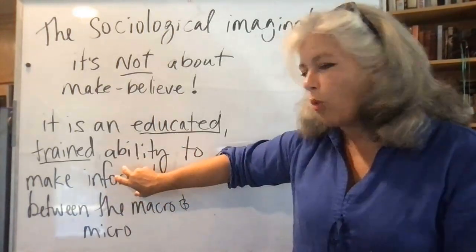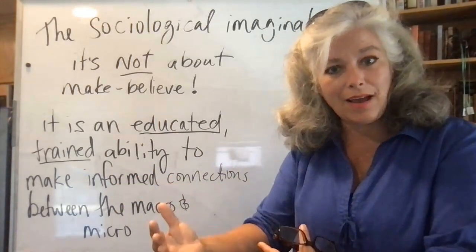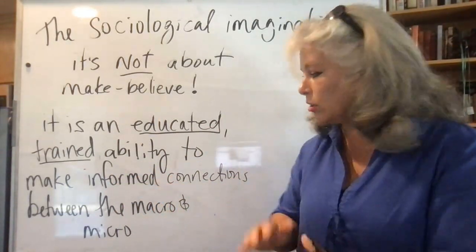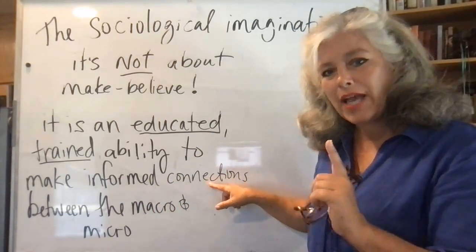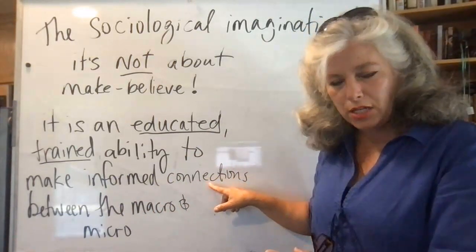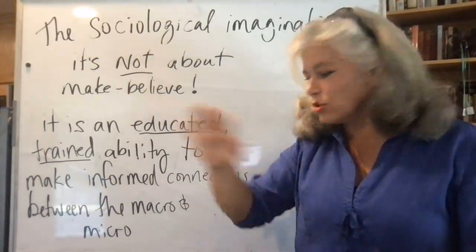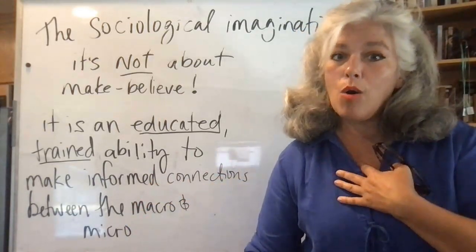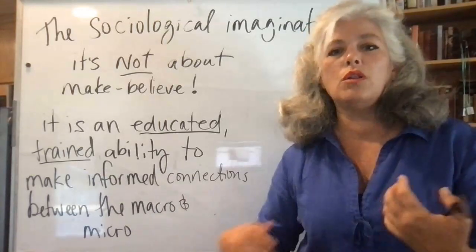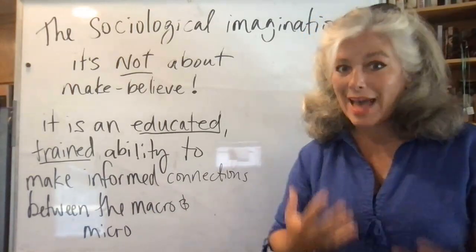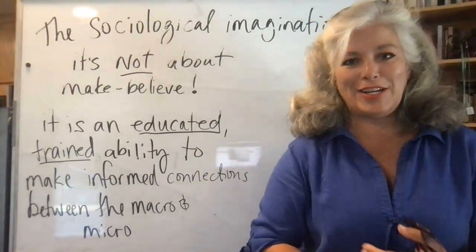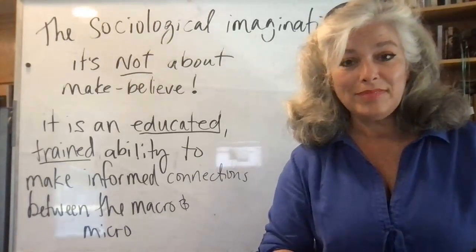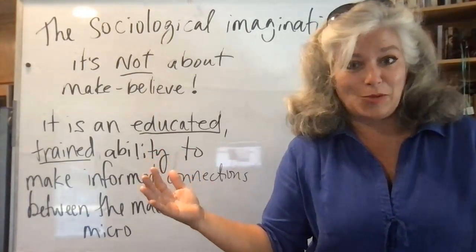We can inform ourselves about the data when it is collected. We can look at it and we can educatedly make connections between patterns that exist on the macro scale and our own micro scale social life experiences. And that's what the sociological imagination is all about. And that's what we're working on this semester. So that's why we're here together.